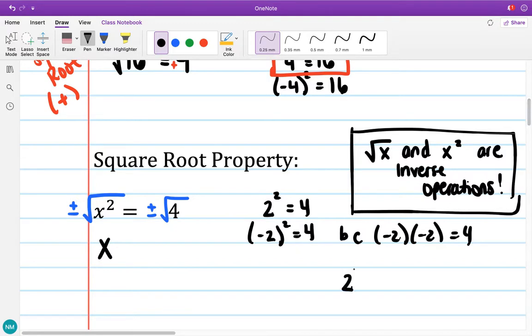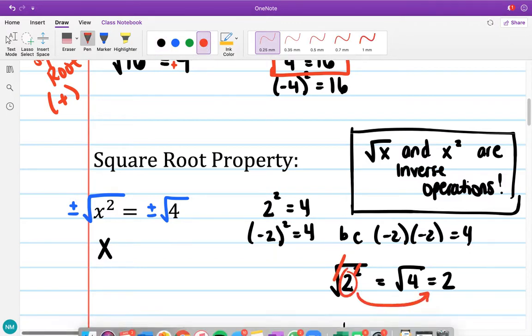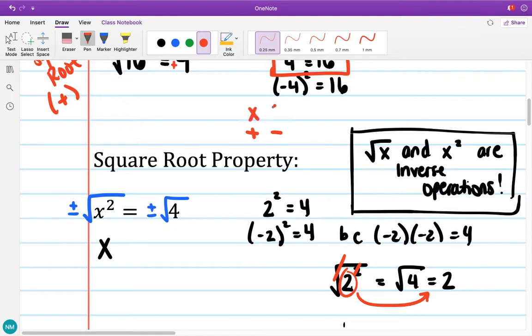If I have 2 squared and I take the square root of it, what's 2 squared? I get the square root of 4, which is 2. They undo each other, and I get the 2 back over here. So they're inverse operations. Other things that are inverse operations: addition and subtraction, multiplication and division. Those are all inverse operations. Okay?